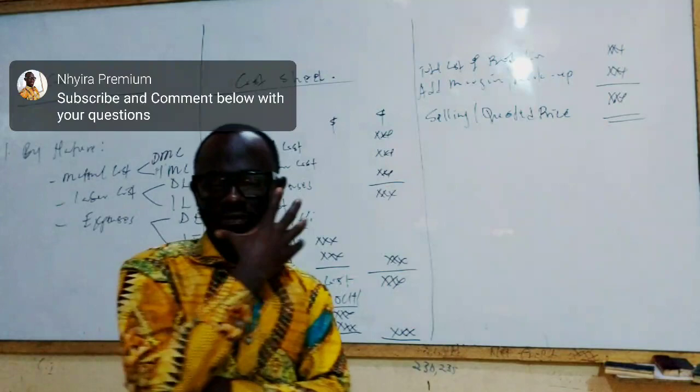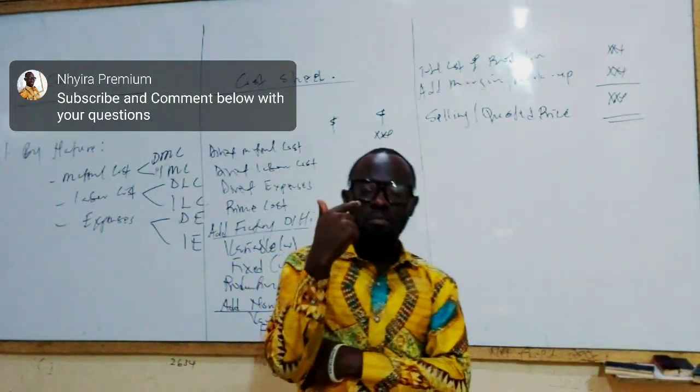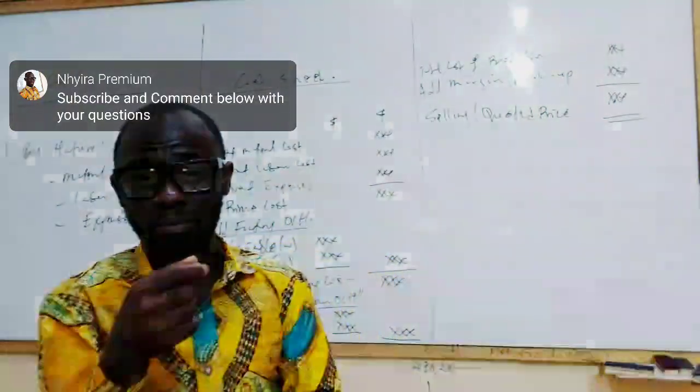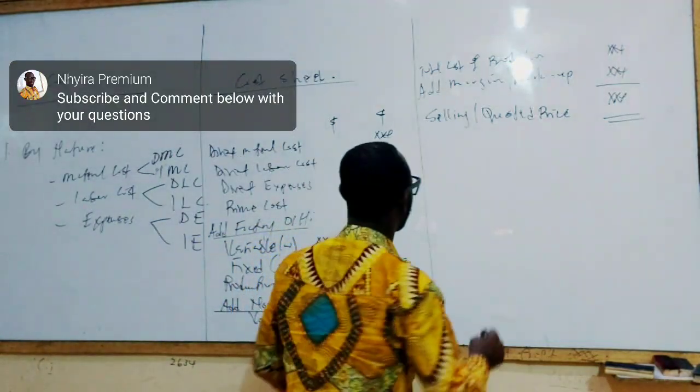So when it comes to overhead absorption, there are 6 bases of absorbing overheads. So let's look at it.